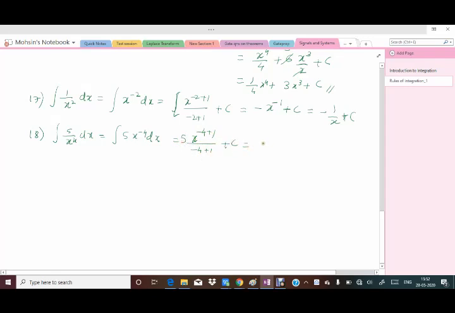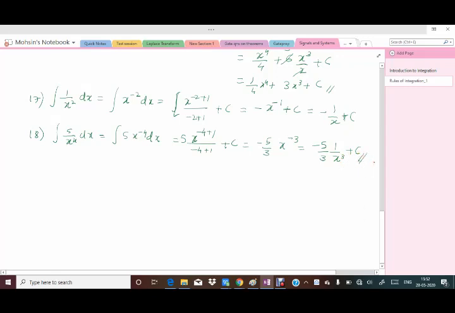Here minus 4 plus 1 is minus 3, so it is going to be minus 5 by 3 x raised to minus 3, or instead of writing x raised to minus 3, we can write minus 5 by 3 times 1 divided by x cube plus c. Okay, so this can be our answer.